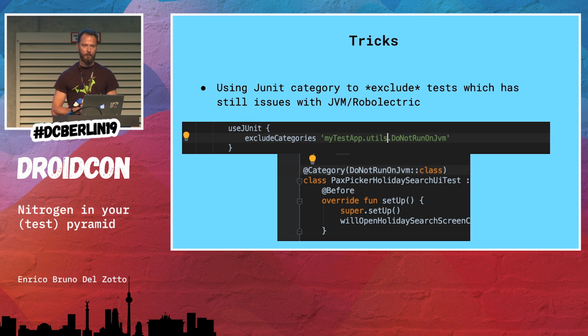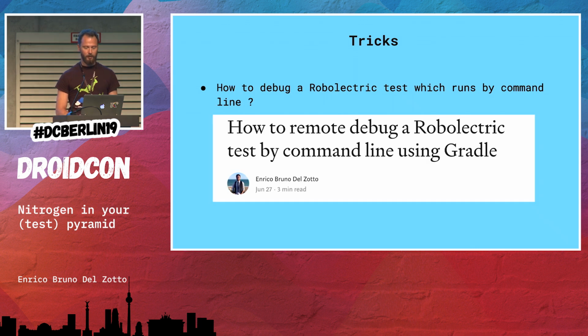This can be very tricky because if you have a lot of build variants, you have to specify a lot of categories. For example, you can specify one category only to run in the German market, or one category for another market. But a category is only an interface, so it's something that JUnit can recognize at runtime, and it can be very tricky when you have a lot of build variants.